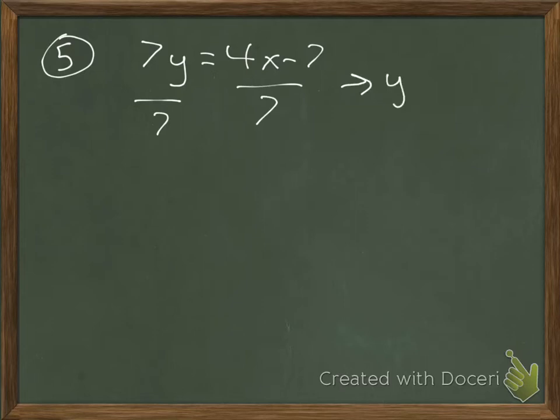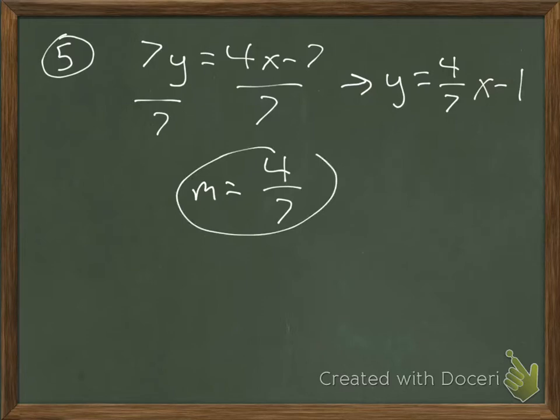So I'd give you y equals 4/7 x minus 1. So then our slope would be 4/7, and the y-intercept would be -1. Okay? If you made mistakes, go ahead and fix it.